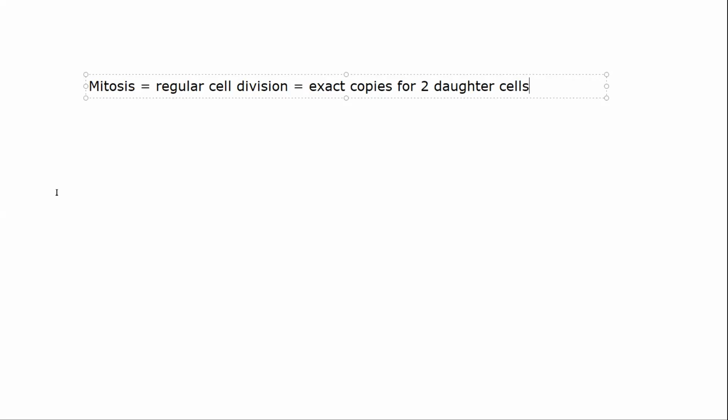By comparison, we have meiosis. And this is where we make sex gametes. This is your eggs, your sperm, and we get unique cells.